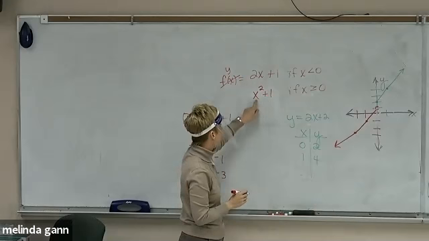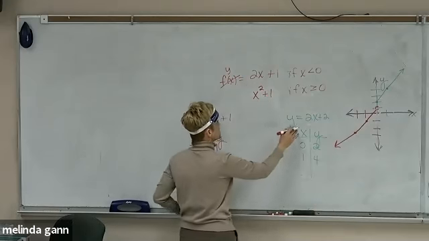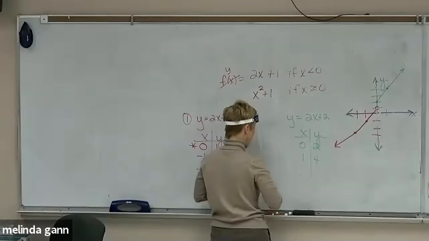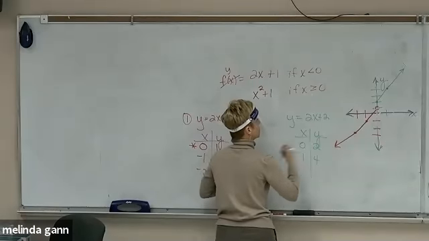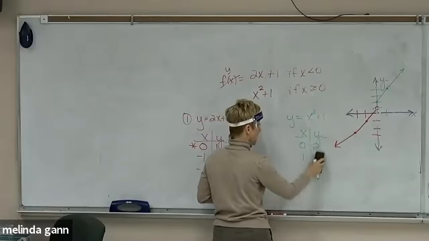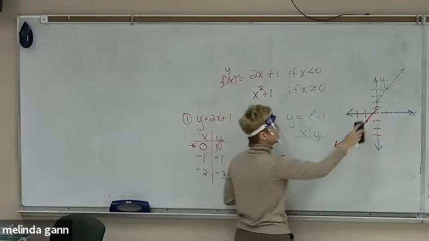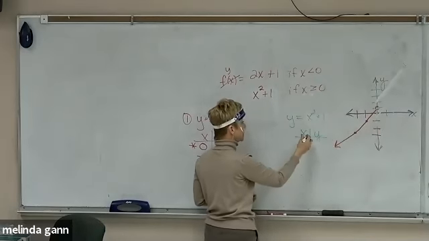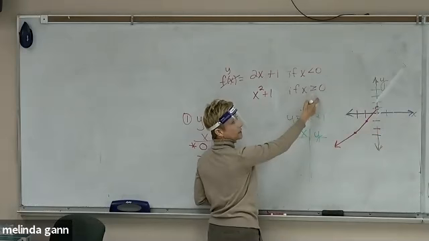What if this graph had been this one? In other words, instead of being y is 2x plus 2, what if it had been y is x squared plus 1 instead? Everybody with me? Now, can I put 0 in this graph? Is that okay?